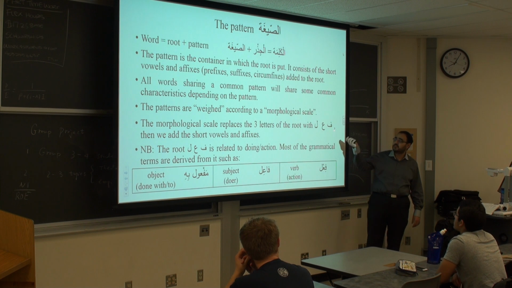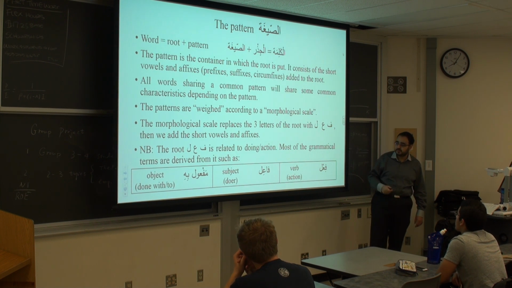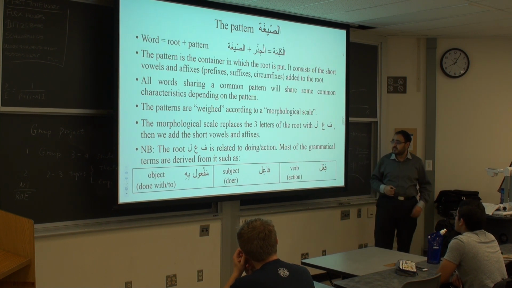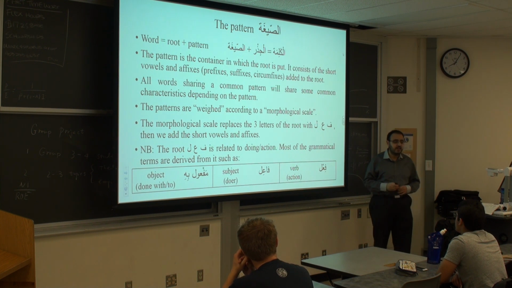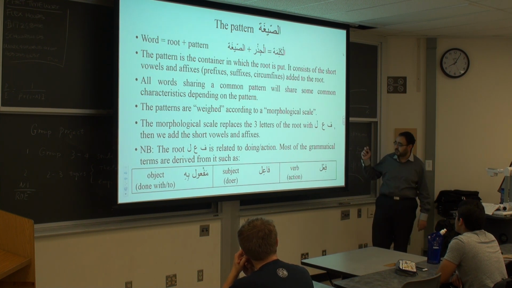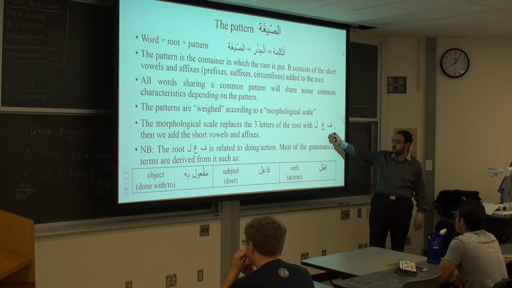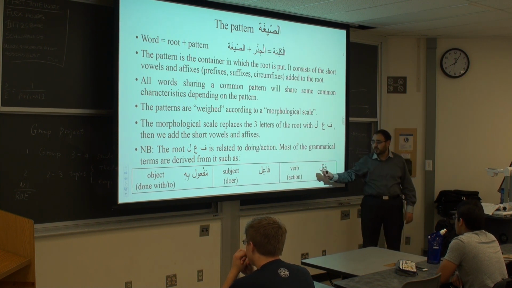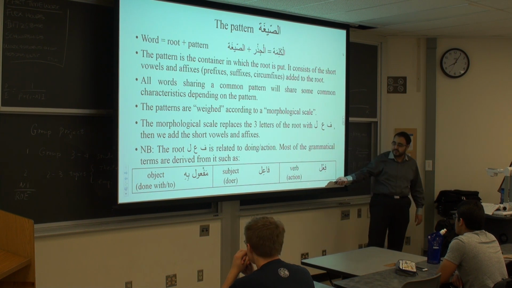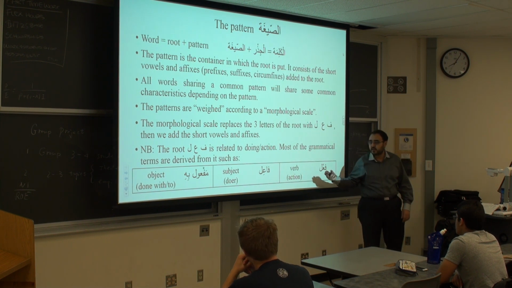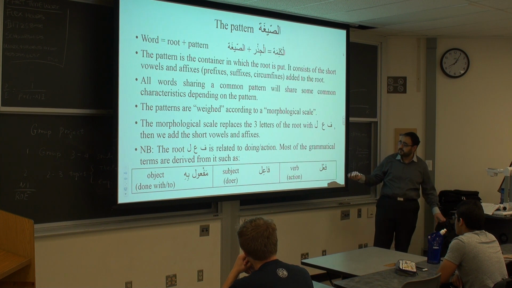And these three letters are themselves a root, which has to do with action or doing, and most of the grammatical terms will be derived from this root. So for instance, fi'al, grammatically it's verb, literally it's action. Any verb is an action that you do.